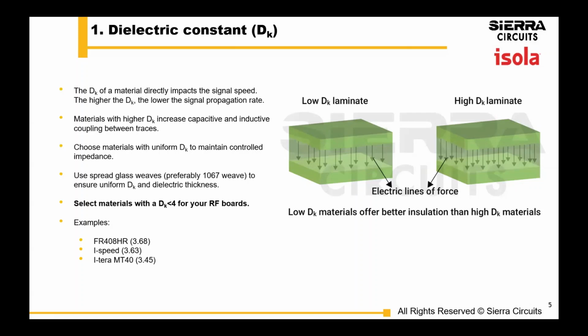So not only is the Dk important, the other thing that's important is the glass weave of the material that you're choosing. We recommend a 1067 weave with better uniformity, and it would reduce signal integrity issues.